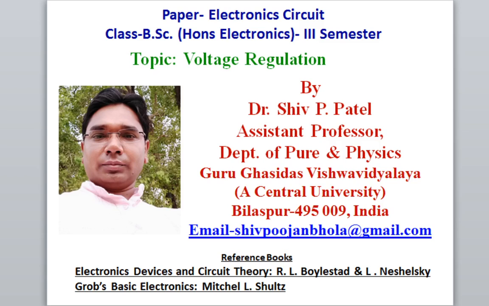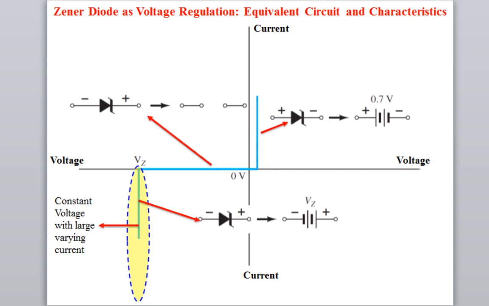Basically, a Zener diode in reverse bias is used in a voltage regulation circuit, and the condition is that the voltage applied to the Zener should be greater than the breakdown voltage of the Zener diode. If input voltage is greater than the breakdown voltage Vz, then this Zener diode will be replaced by an equivalent battery, and the value of the battery will be equal to the breakdown voltage.